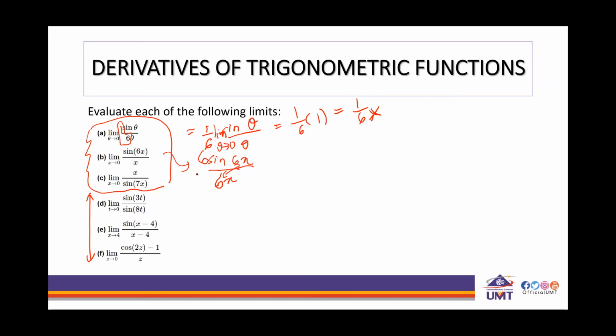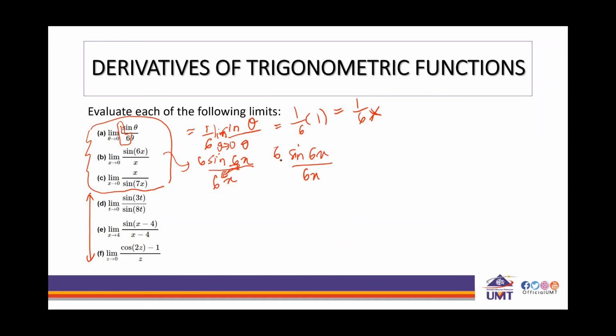So that if you cancel it, you get 1. So why do you put 6 here? Because you want to make it uniform, so it's easier for you to answer this question. So now we put 6 back here, 6 and 6. So we will have 6 sin 6x over 6x, right?